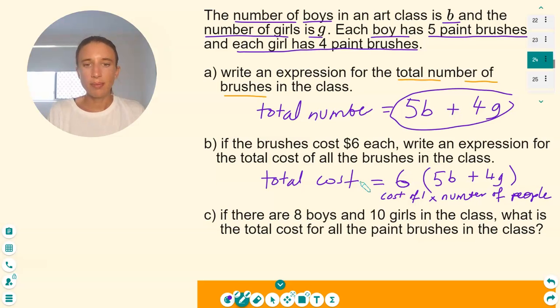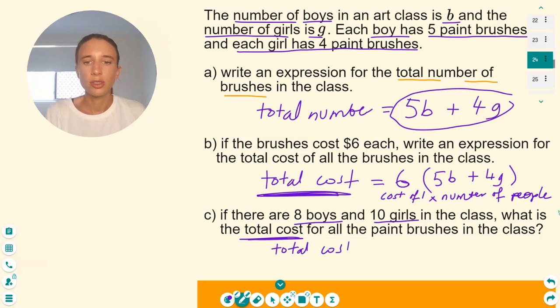Let's check out this. Now, if there are 8 boys and 10 girls in the class, what is the total cost for all the paintbrushes in the class? So you've got to work out, am I using this expression or am I using the expression in part B? We're using the total cost. All right, so let's use it. Total cost equals 6.